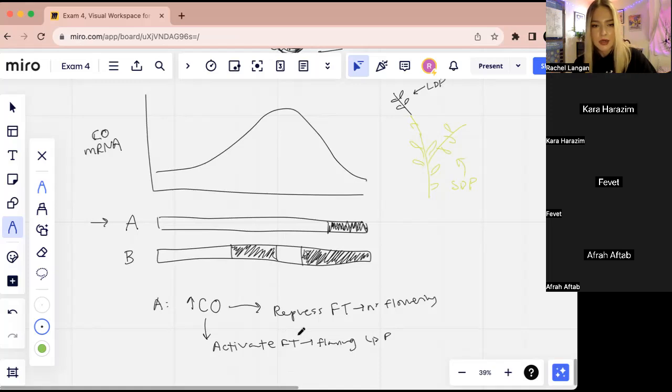But because we made some FT in the long day plant part, that could travel down to the short day plant and we would still get flowering in the short day plant. So if any FT gets made anywhere, then both parts are going to flower.